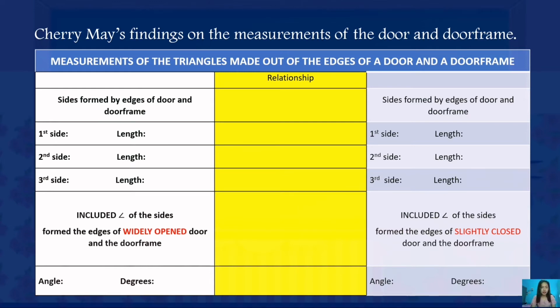So, what's the first triangle is triangle Che, and the second one is triangle May. How about the sides? We have the first side of triangle Che, CH, which measures 154 centimeters. Second side. How about May? We also have side MA with a length 154 centimeters.